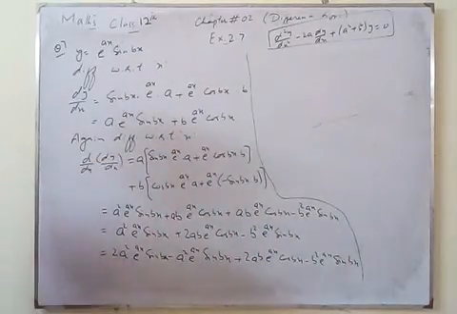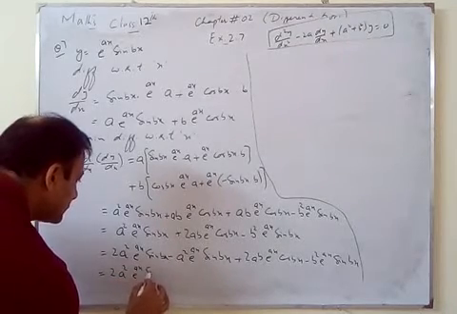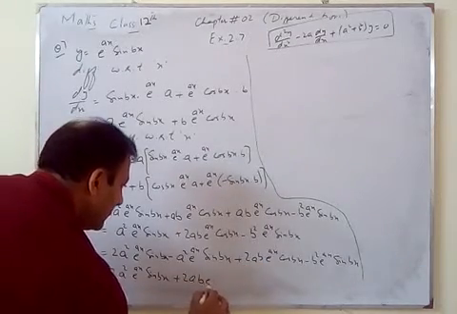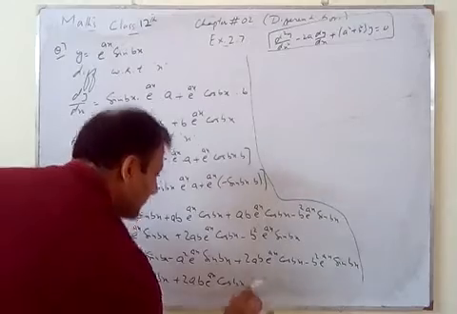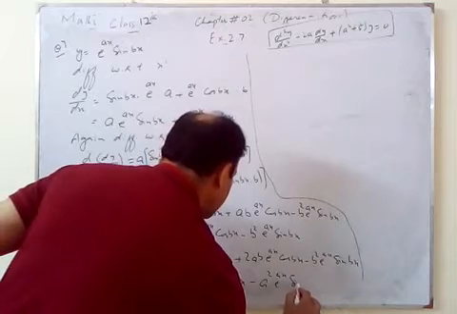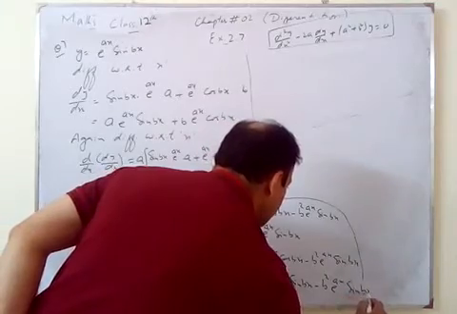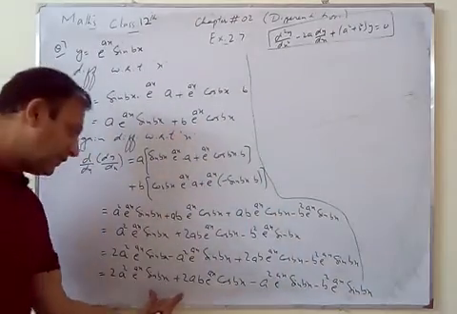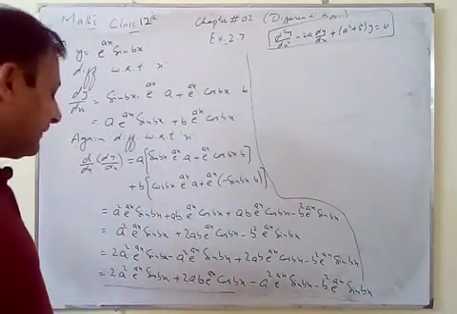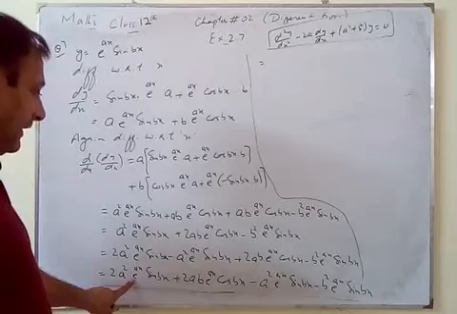Now I try to rearrange the values: 2a square e power ax sin bx plus 2ab e power ax cos bx minus a square e power ax sin bx minus b square e power ax sin bx. Now take the common value from these two and these two. So here 2 is common, a is common, e power ax is common.